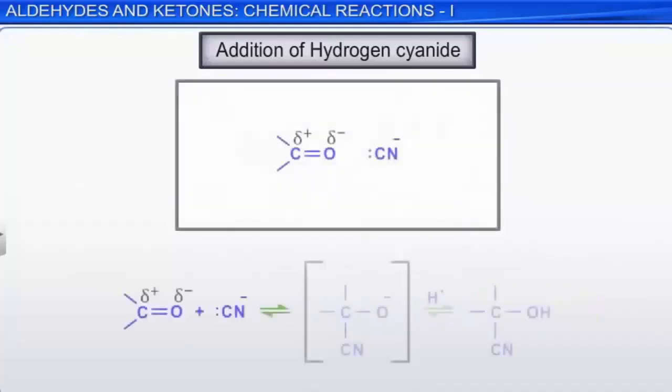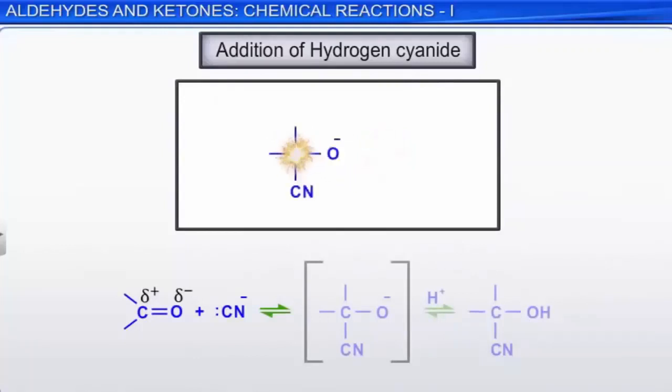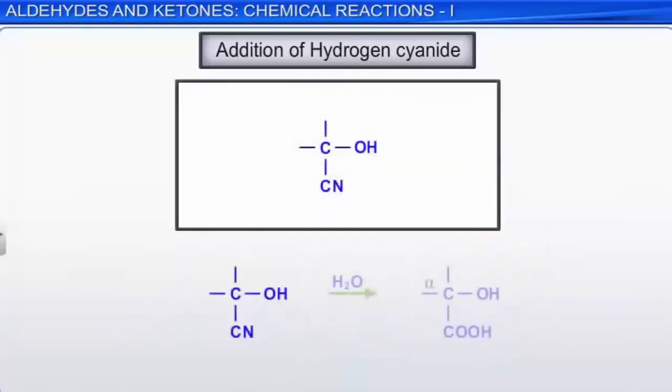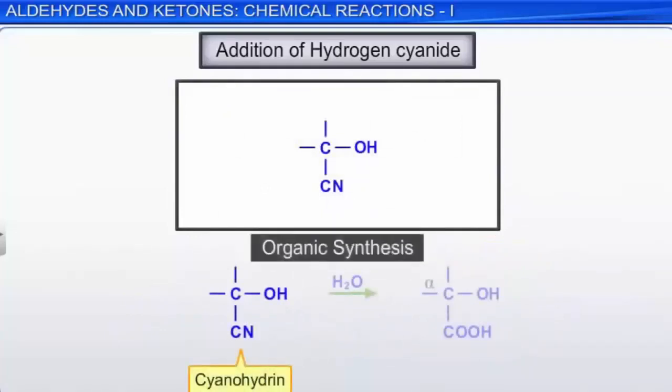The cyanide ions, being stronger nucleophiles, rapidly attack the carbonyl carbon to produce the corresponding cyanohydrins. Cyanohydrins are useful intermediates in organic synthesis.